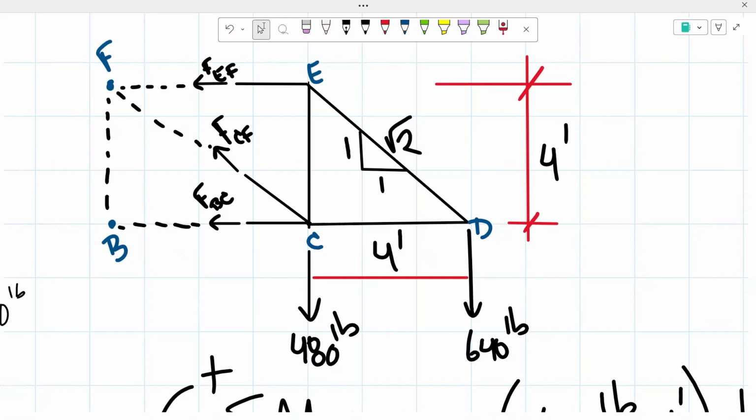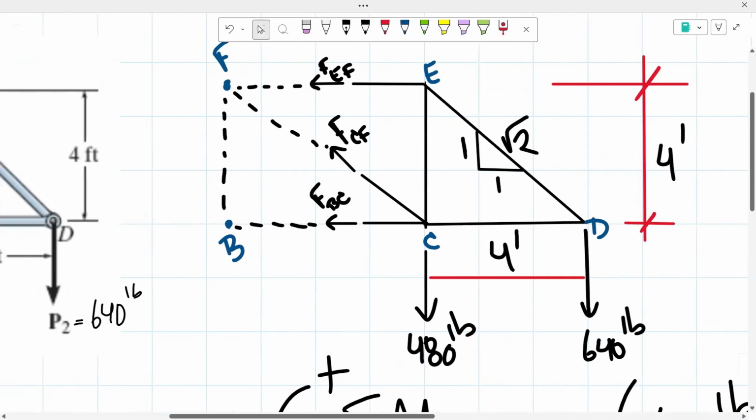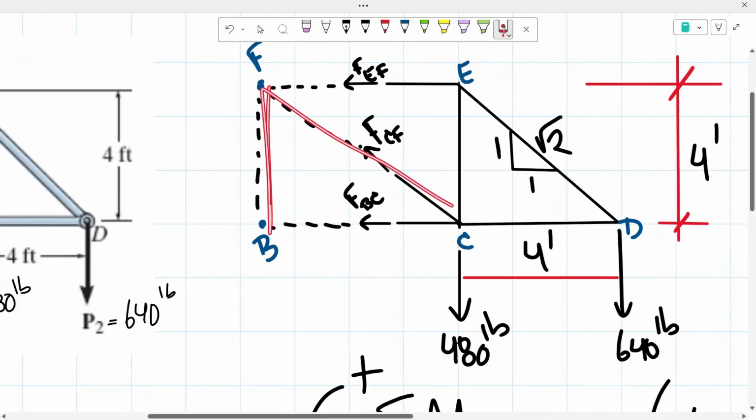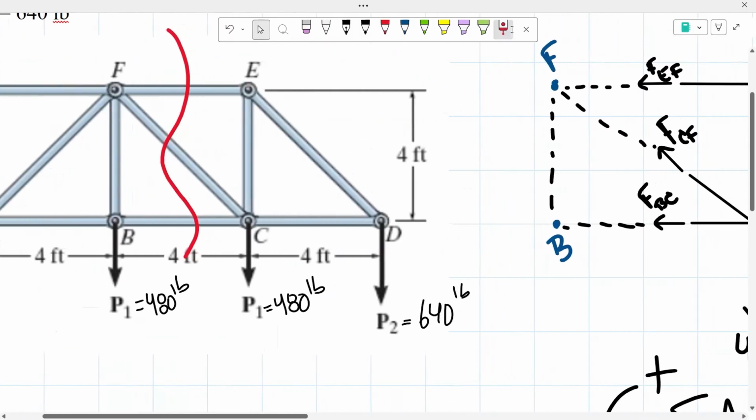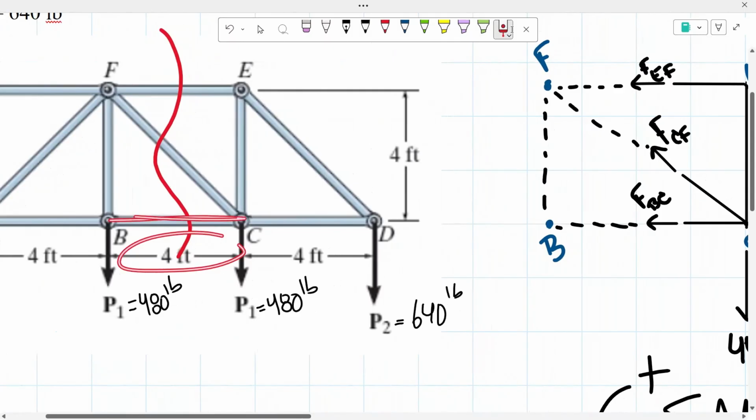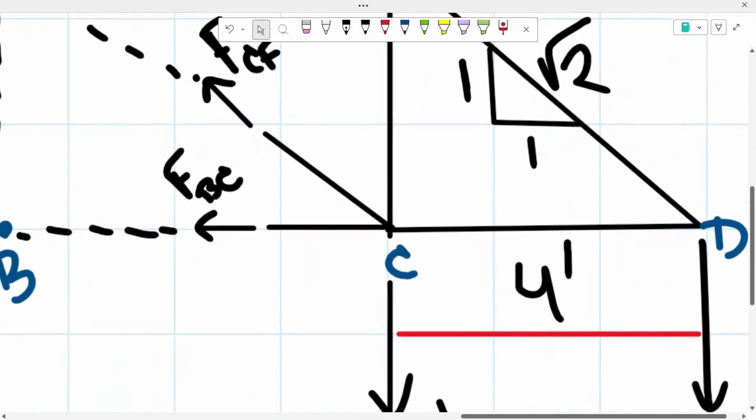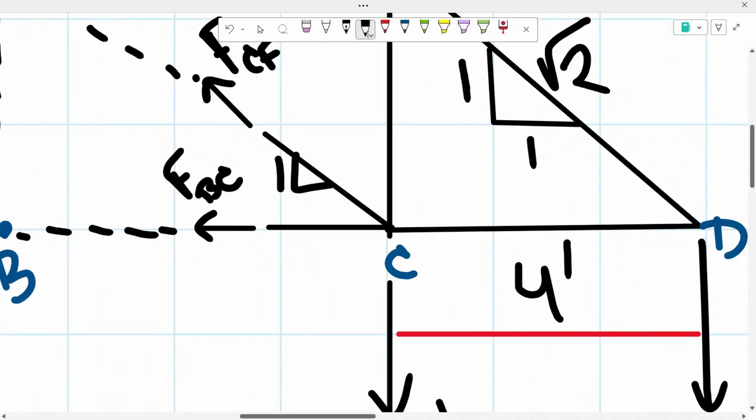So once again, we said that this has a slope of 1 to square root of 2, and we could tell that this triangle right here as well, 4 feet, so 4 feet here. So we know that this force right here has a slope also of 1 to square root of 2.